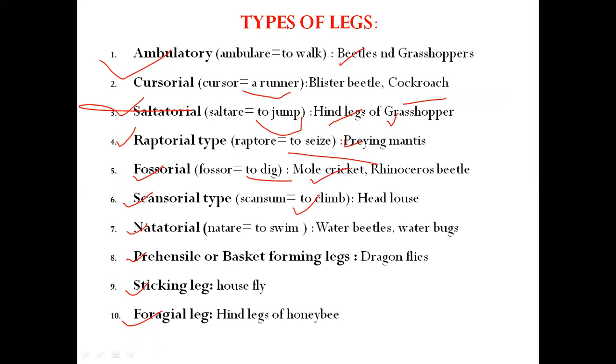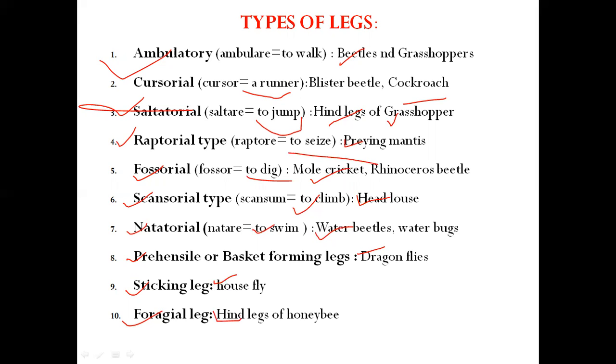Scansorial means climbing, present in the head louse. Natatorial means swimming type, for example in water beetles and water bugs. Prehensile means capturing, as in the dragonfly. Sticking legs are present in the housefly. Foraging legs collect nectar and pollen, present on the hind legs of the honeybee.